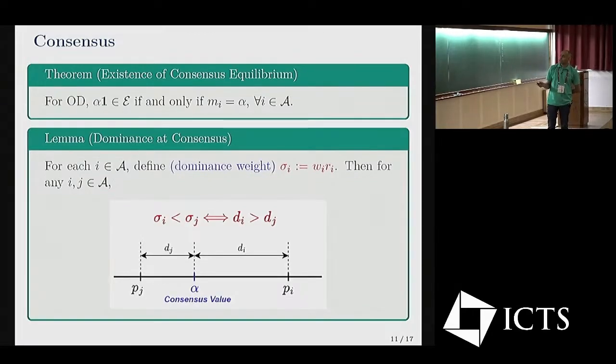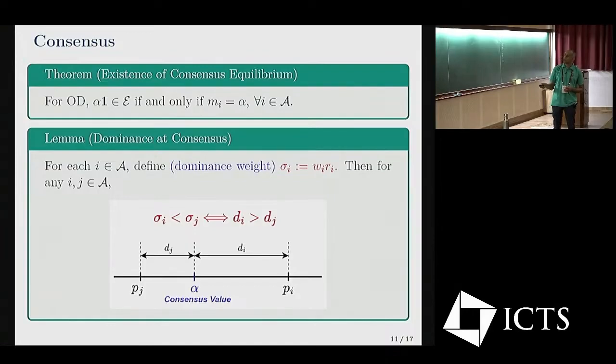So at consensus, we look at the so-called dominance weight, which is this product of w_i and r_i, right? So it is looking at the weight that agent i gives to its own internal preference times the resource that it has.